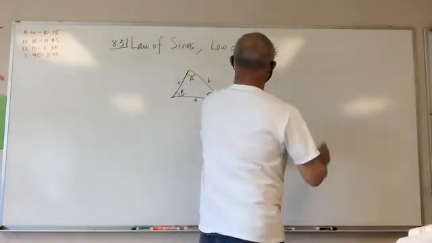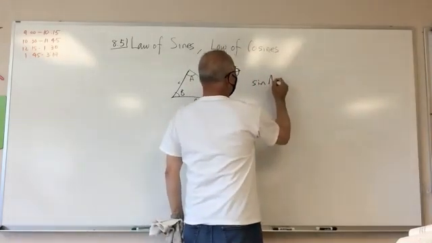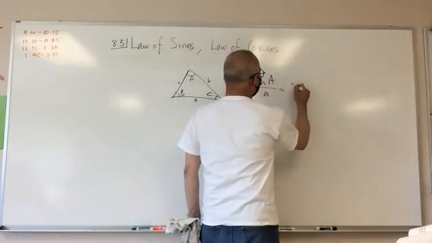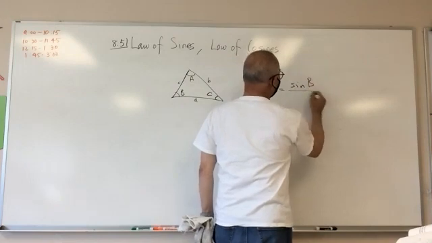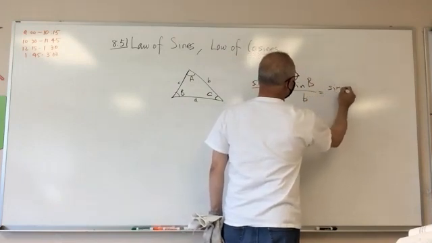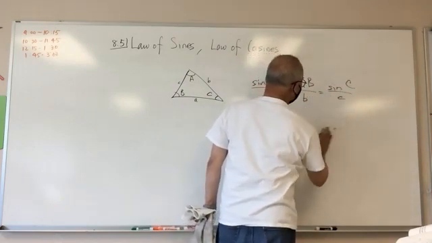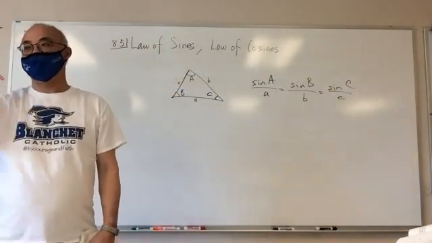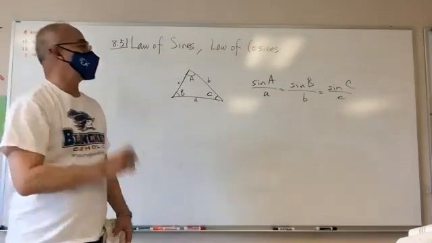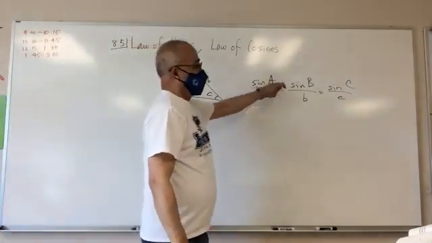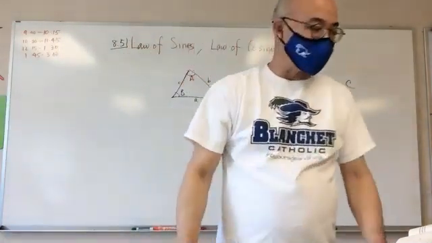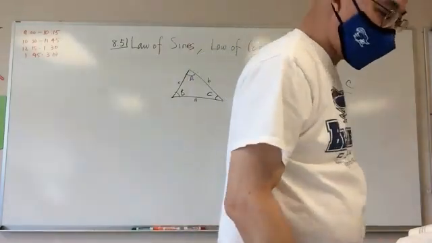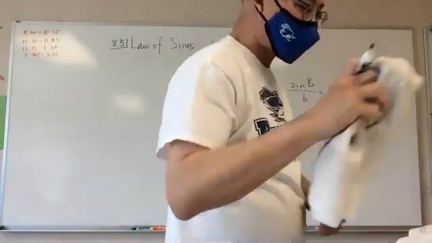Sine A over a is equal to sine B over b is equal to sine C over c. This is the law of sines. Let's go to example number 2 and see if we can figure this out.